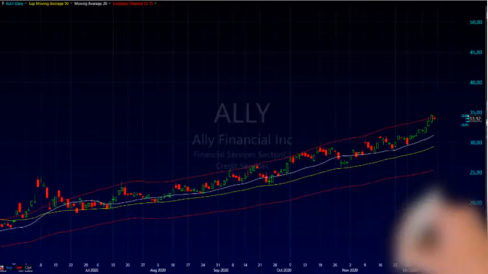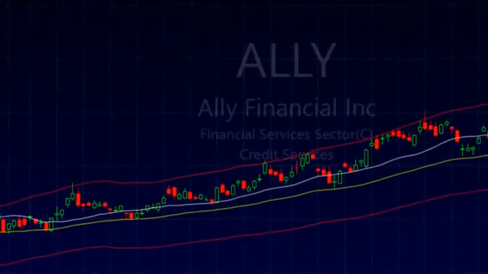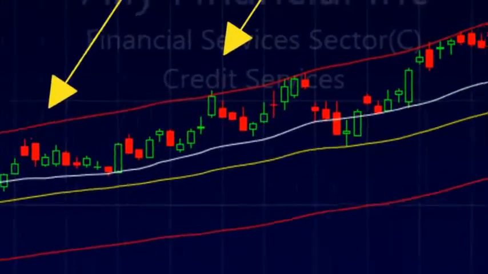Now taking a look at still the same Ally chart, we now see that we have 2 lines above and below the moving averages. These are known as the envelope channel, and they're going to tell us how far the price is likely to go. How far is it likely to climb before it turns around and falls back to the moving averages?